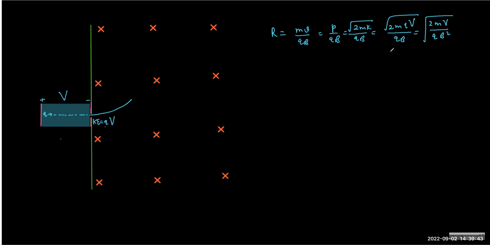So these are the possible ways of writing the radius, and why we are writing in these ways is because generally you will come across questions in which you need to compare the radii of two situations. So they will tell you, find the radius if they are given the same velocity. If two charged particles have the same velocity, then the radius will be proportional to mass and inversely proportional to charge, right?